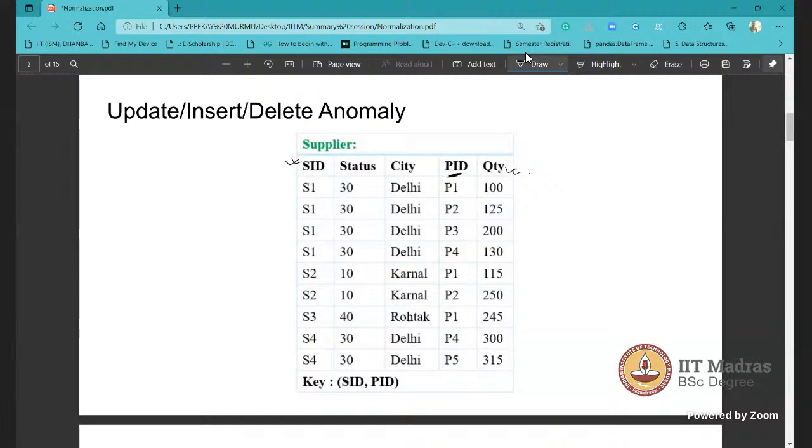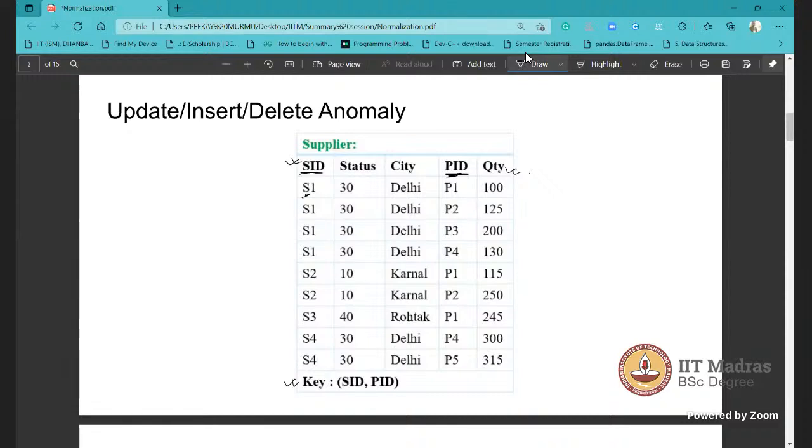Am I audible? Yes, right? Below the table, it is given that SID and PID are the key, meaning these are the primary key. Only SID you cannot identify each row, so you have to take SID and PID together.